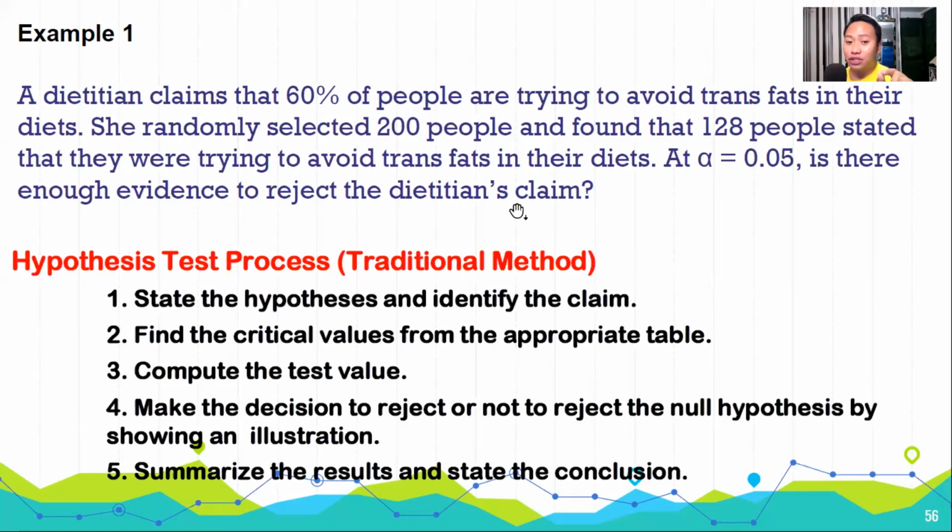Is there enough evidence to reject the dietitian's claim? So if you notice, everyone, we are no longer dealing with mean. We did not mention the word average or standard deviation. What we have here is 60%, which is a proportion of the total population. So with that being said, we're going to be using the z-test for proportion in this example.